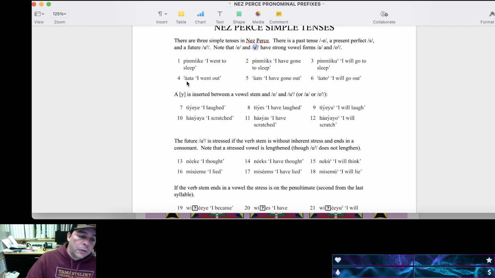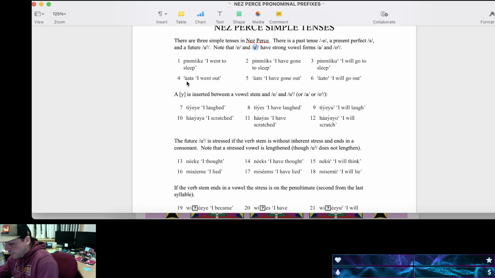So the root word for going out is ought. That's where that word for bathroom comes from. Oh, I go to the ought. They're talking about going outside to the outhouse. Ought is to go out, and it's just the long A and the T, and that's it.